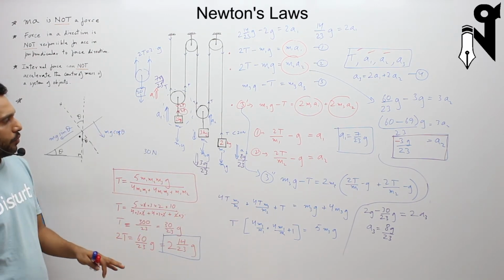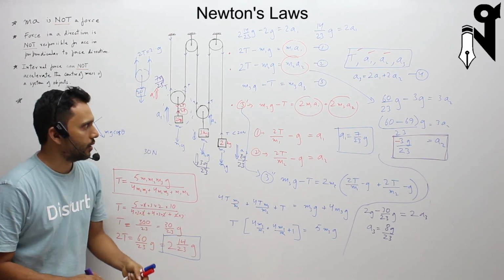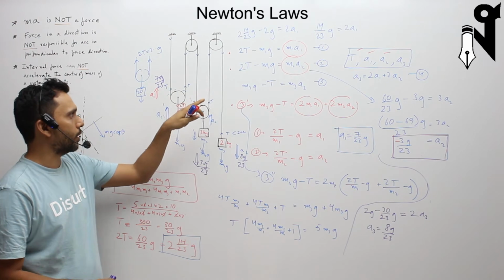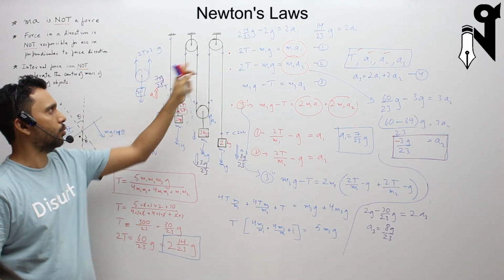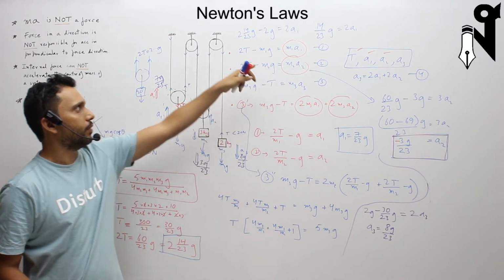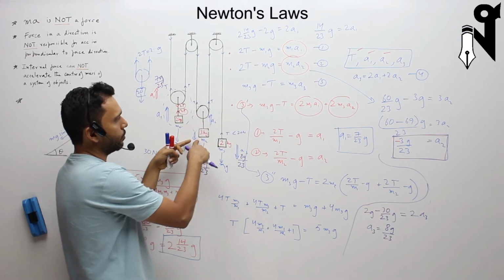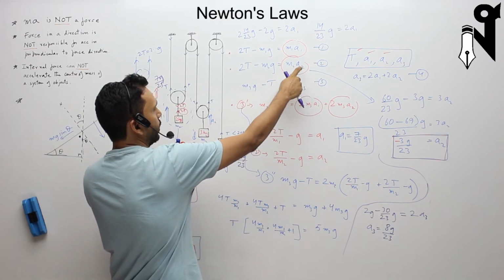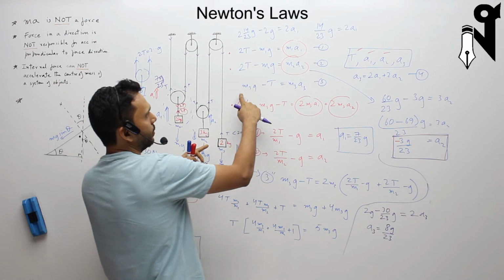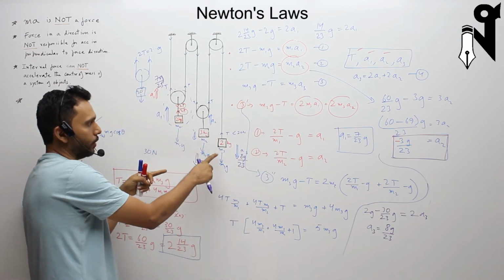Now, before I go on to the analysis, just a recap of the steps. First we wrote an equation for this mass. First we wrote for m1 mass 2T minus m1g is equal to m1a1, the acceleration of that one. Next we wrote the equation for this 3 kg mass, m2a2, a2 being the acceleration of this guy, and for m3 we wrote acceleration a3, a3 being the acceleration of that guy.